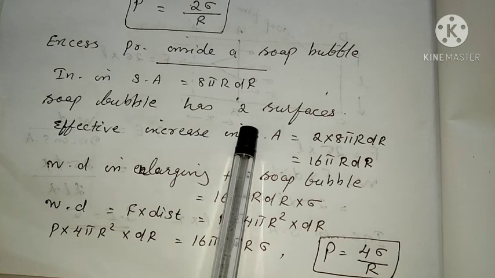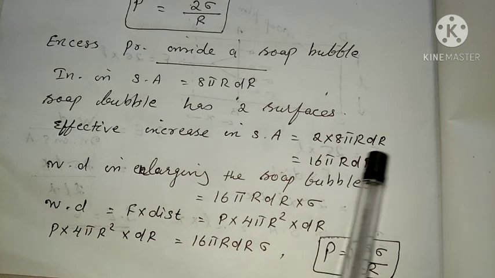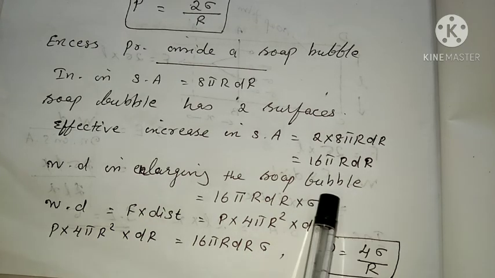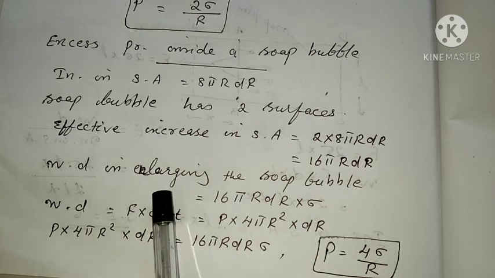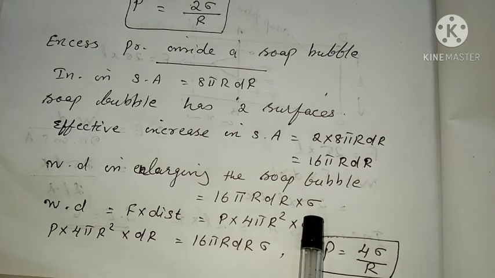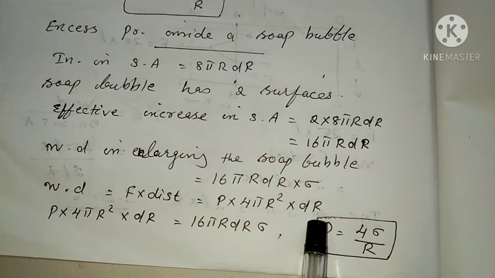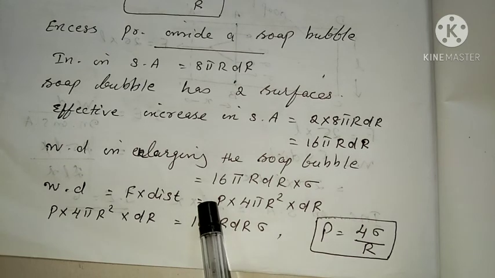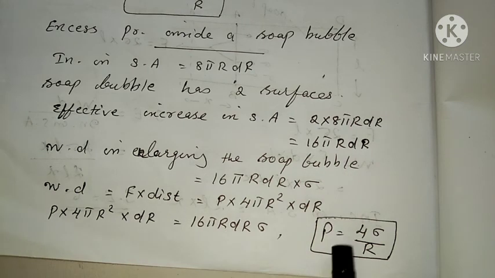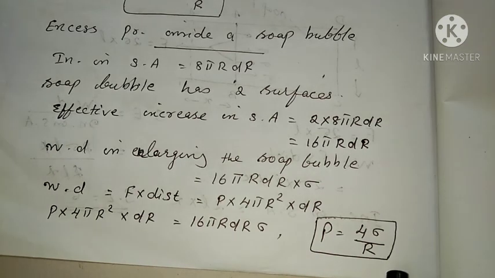If the soap bubble has two surfaces, then the increase in surface area is 2 into 8 pi r dr, that is equal to 16 pi r dr. Then similarly, work done in enlarging the soap bubble is the increase in surface area into surface tension, and the work done equals pressure into area into distance. Then equate these work done, and we get the answer: excess pressure inside the soap bubble P equal to 4 sigma by R.